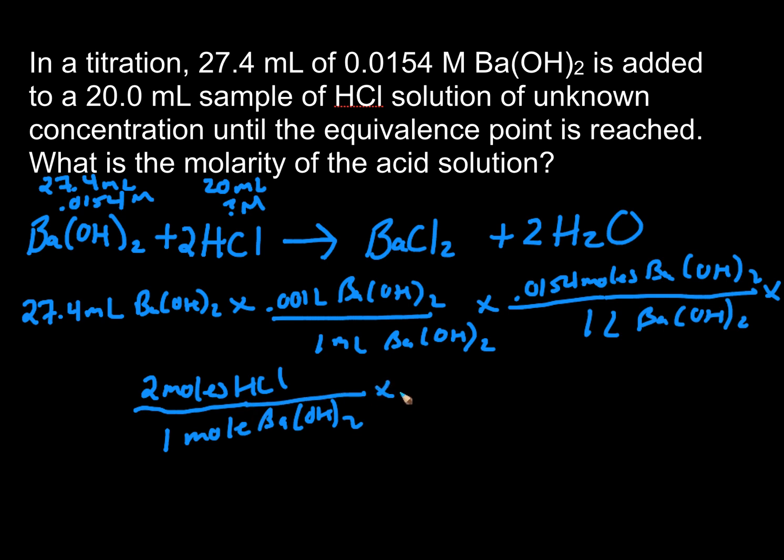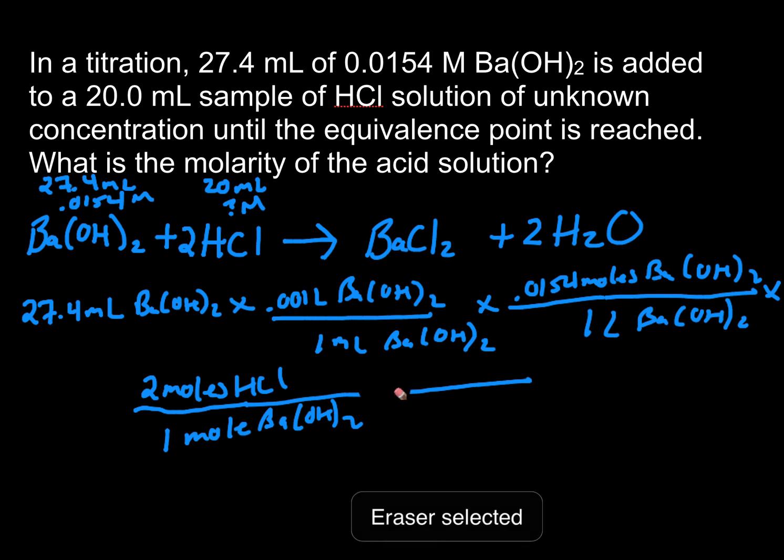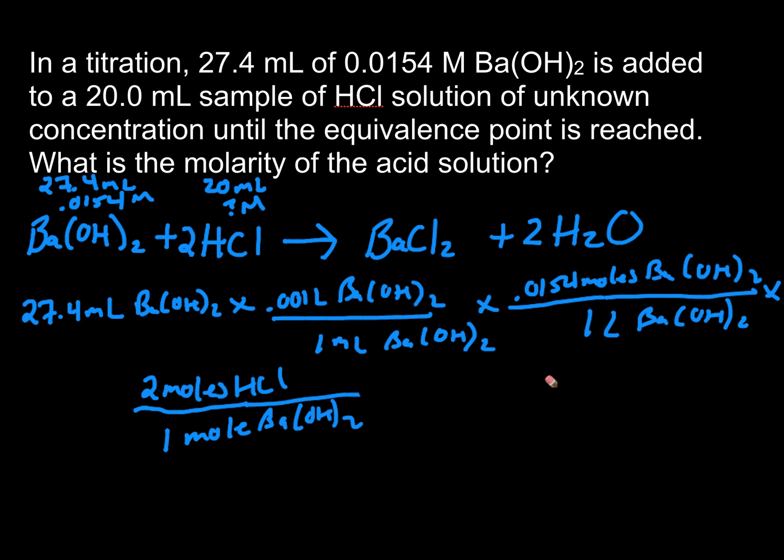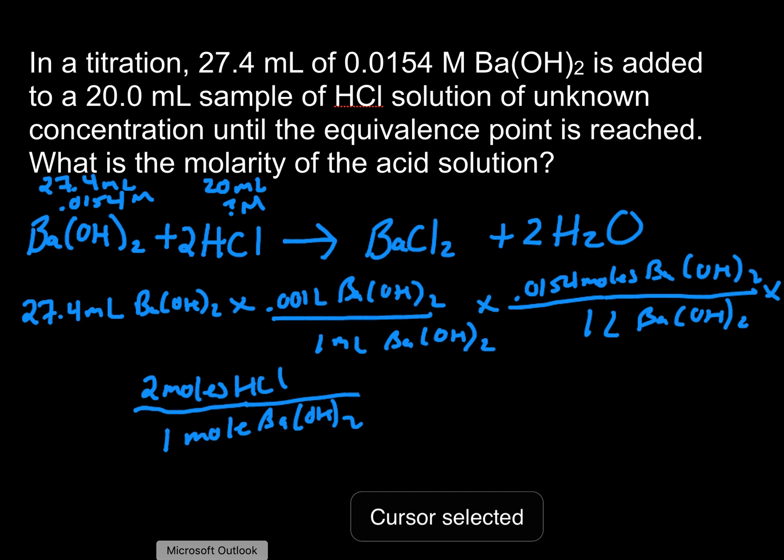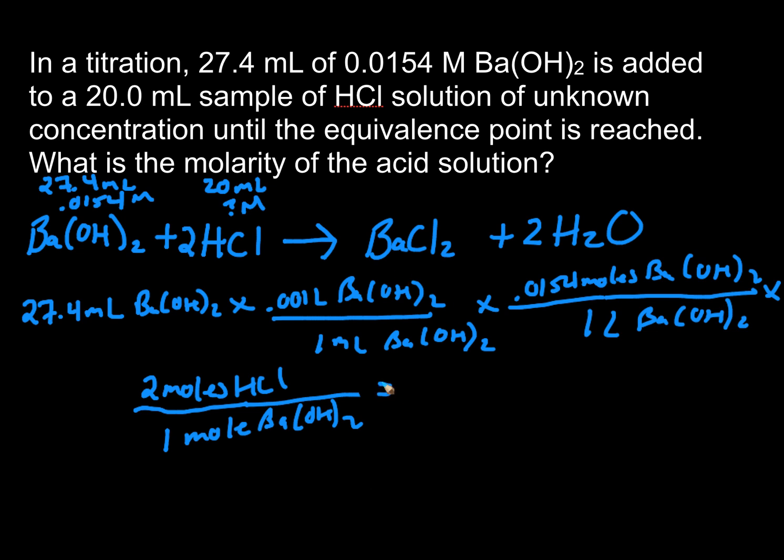All right, so I'm going to stop our dimensional analysis right here. Now I'm going to calculate my mole value for HCl. So I have 27.4 times 0.001 times 0.0154 times 2.